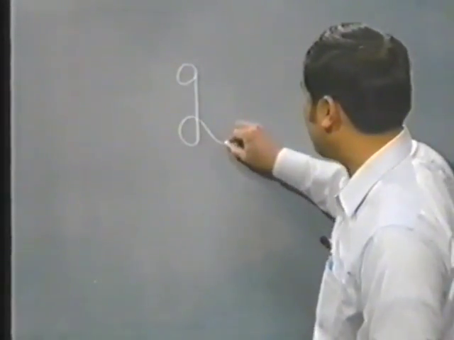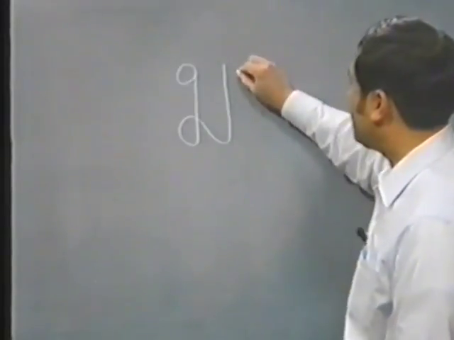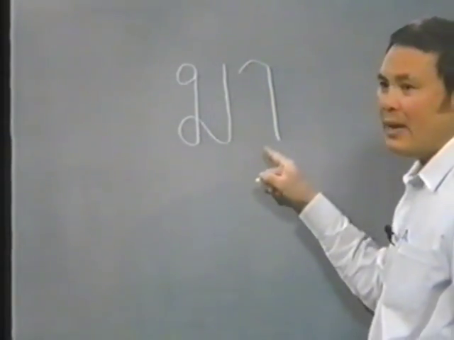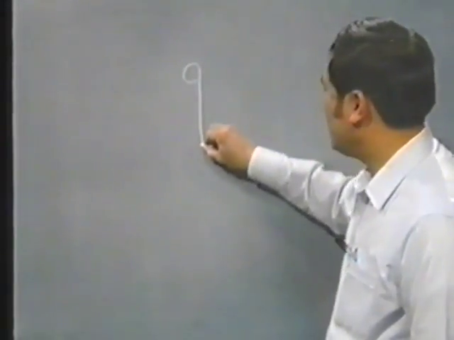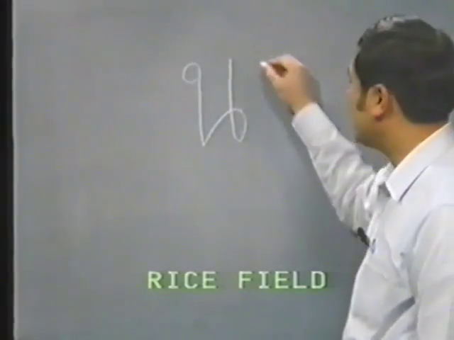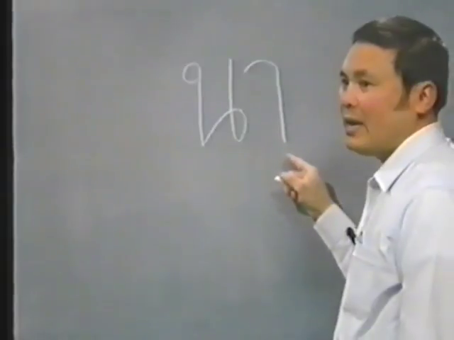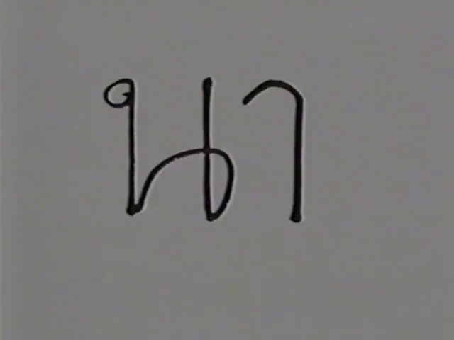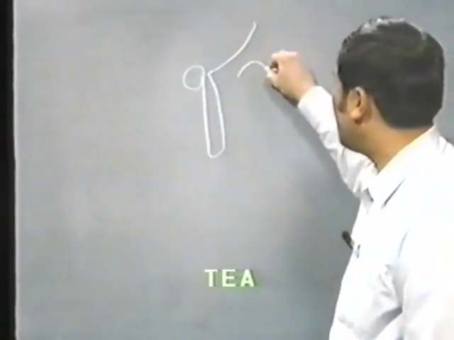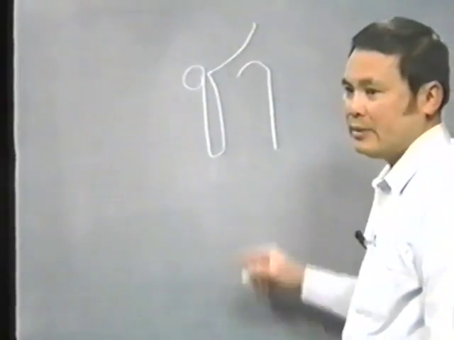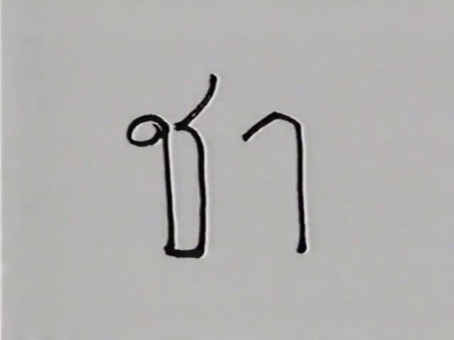A short name for a Thai consonant is its consonant sound followed by the sound or.